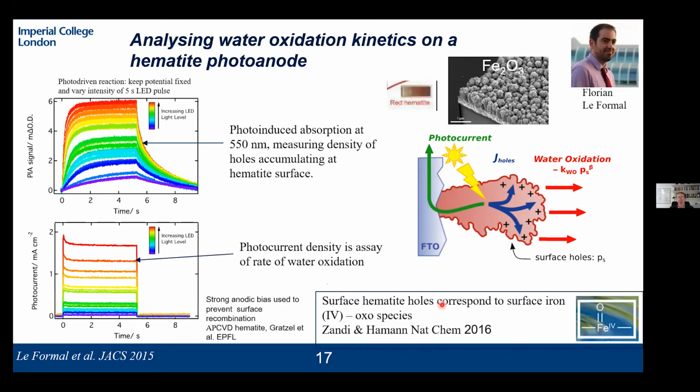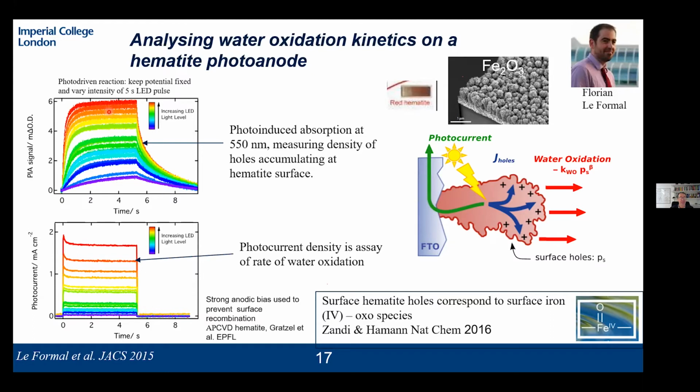The way we do that is we apply a positive potential to make sure we can drive holes to the surface, and then we shine some light. Typically we shine light for 5 seconds as a pulse, and we measure the appearance of a current, which is the water oxidation current, which is on when the light's on and goes off when the light goes off. But in parallel with measuring that current, we measure an optical signal.